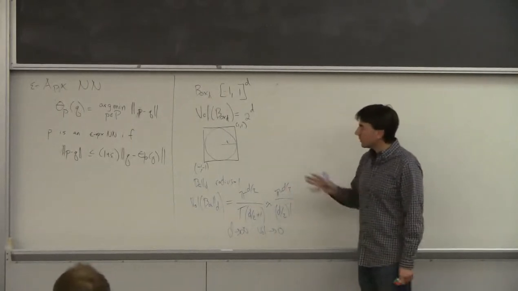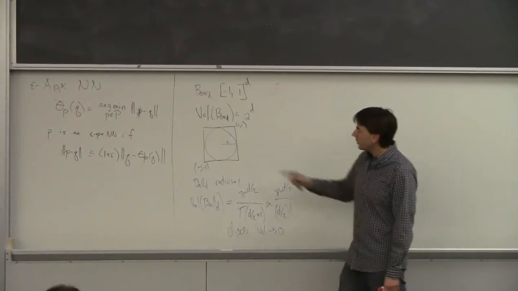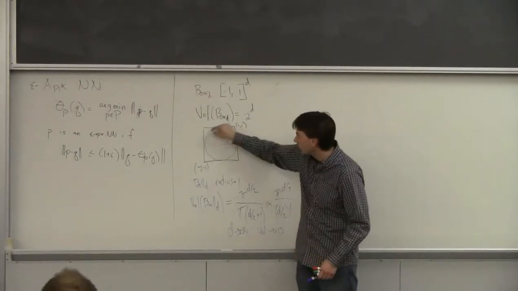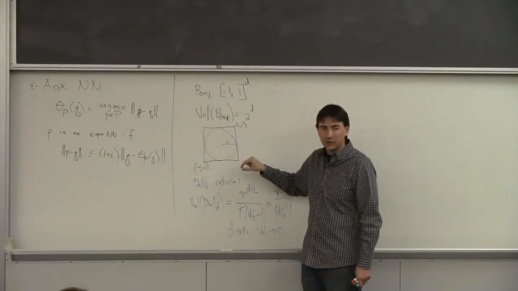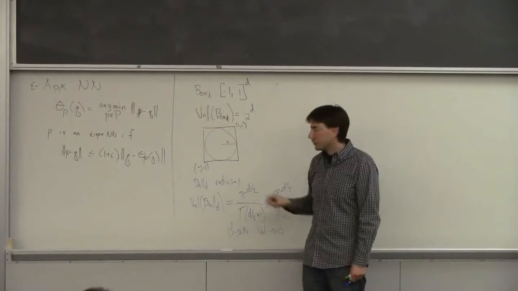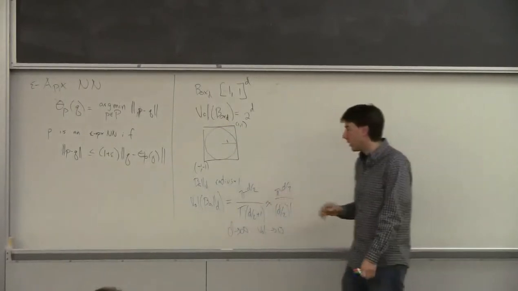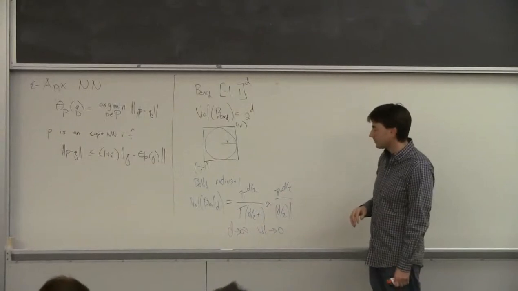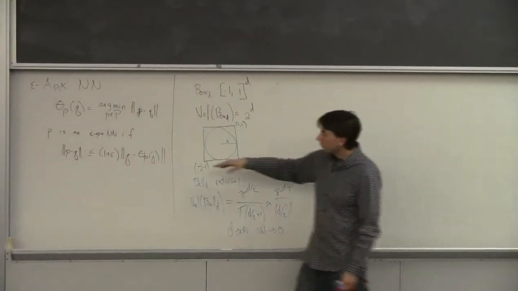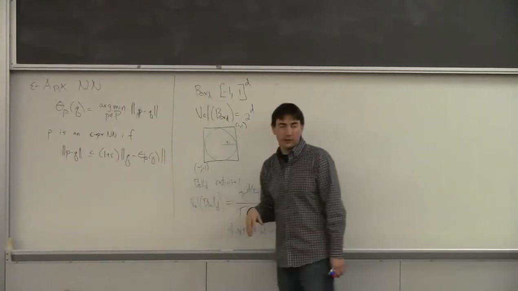There's some more mathematics you can go through, and you can see that if you look at the volume of the ball, more and more of the volume is getting closer to the boundary. Almost all the volume of the ball is very close to the boundary. So if you shrink the ball a little bit, you're drastically changing what the volume is. So doing this approximation here is going to really help in this nearest neighbor search.